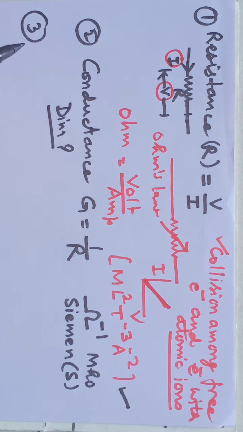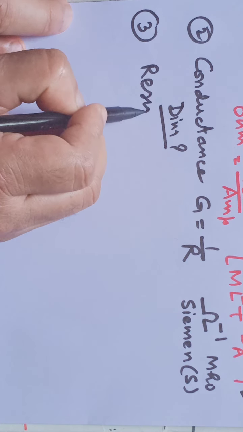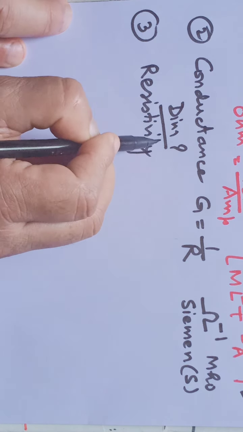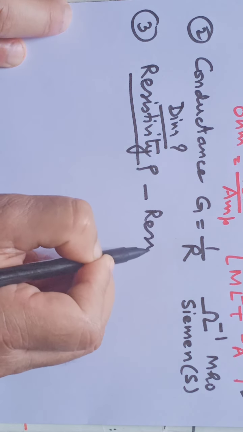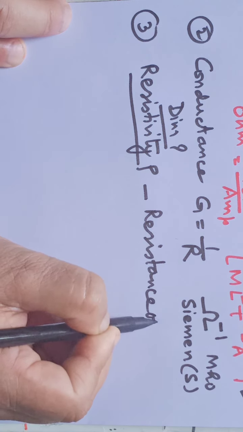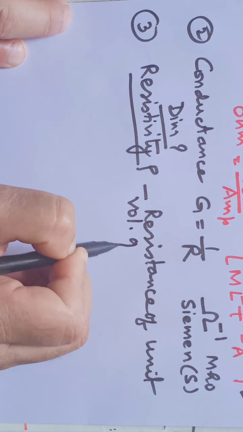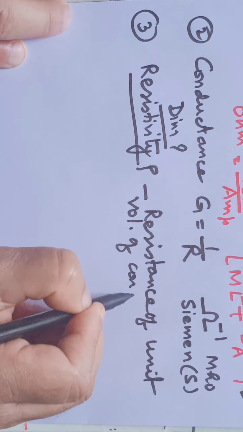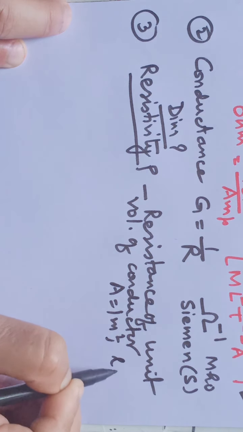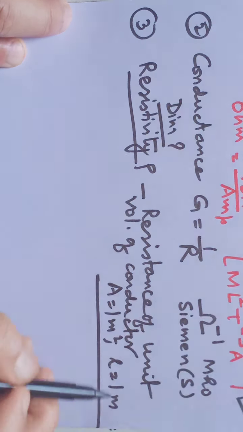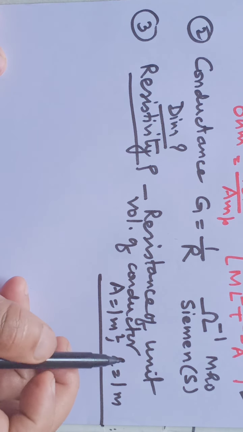Third, we talk about resistivity, rho, which is nothing but the resistance of unit volume of conductor. That is, A is equal to 1 meter square, L is equal to 1 meter, meaning the area of cross section of the conductor is 1 meter square and length is also 1 meter.